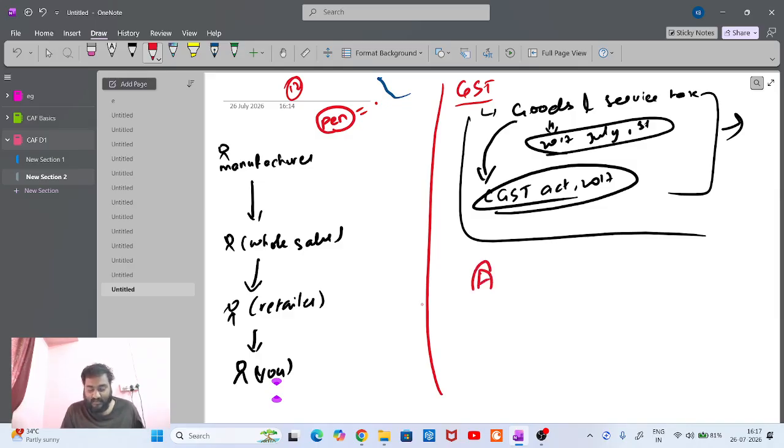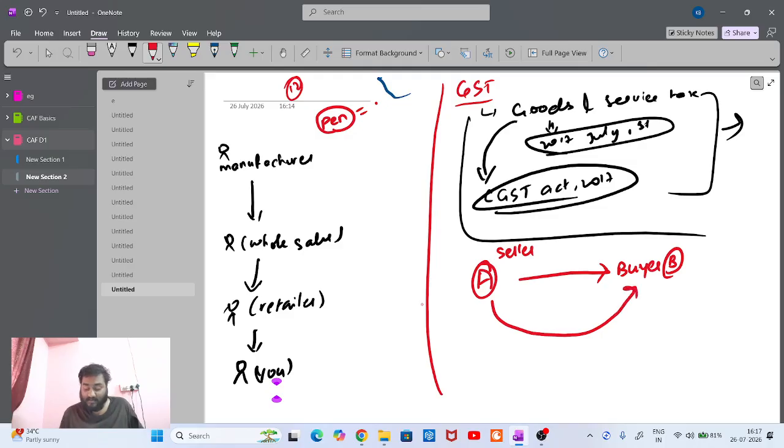Basically, GST involves a seller and a buyer. For every business transaction, if a seller sells something to the buyer, for example a pen of 10 rupees, the buyer has to pay GST to the seller along with the amount of the pen.